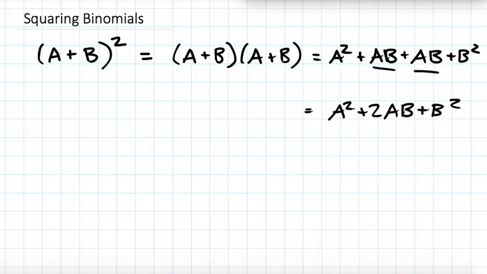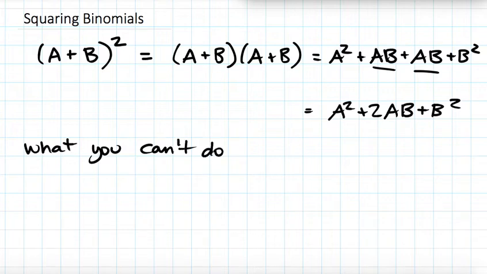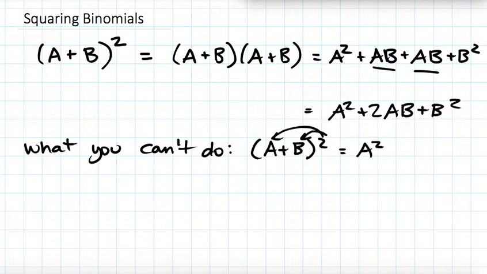Now, what you can't do, this is a very common misconception, is that people think that you can just distribute the squared. So people would say, okay, well, if I have a plus b squared, just put the squared on that, just put the squared on that, it's a squared plus b squared. Now that's not the right answer because I'm missing this plus 2ab term.